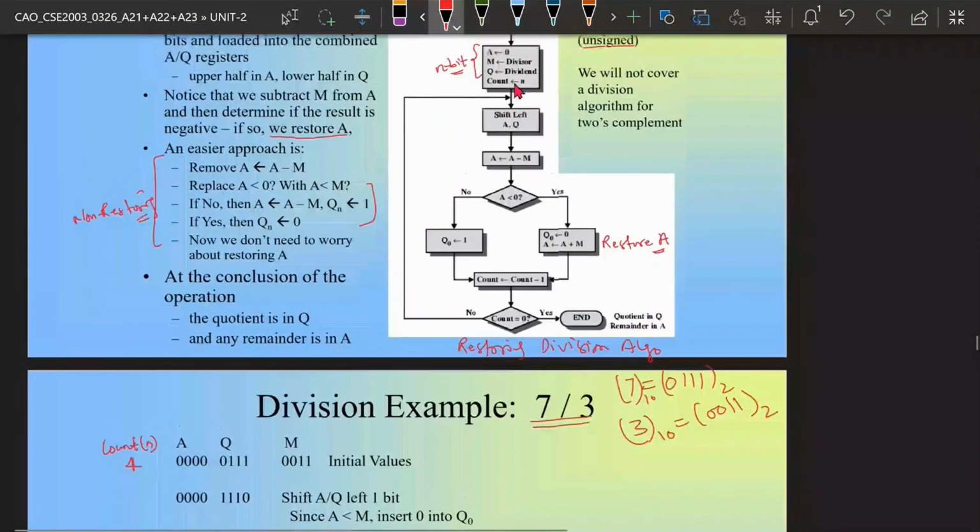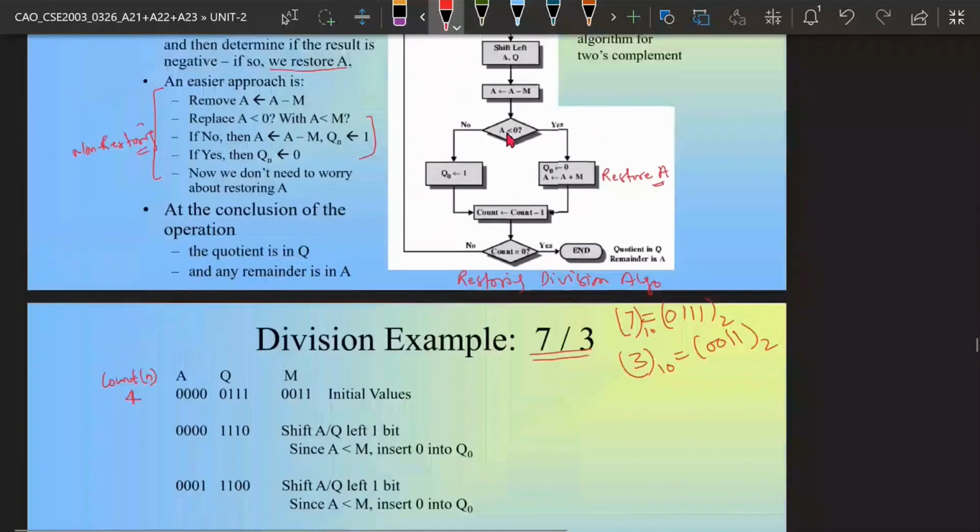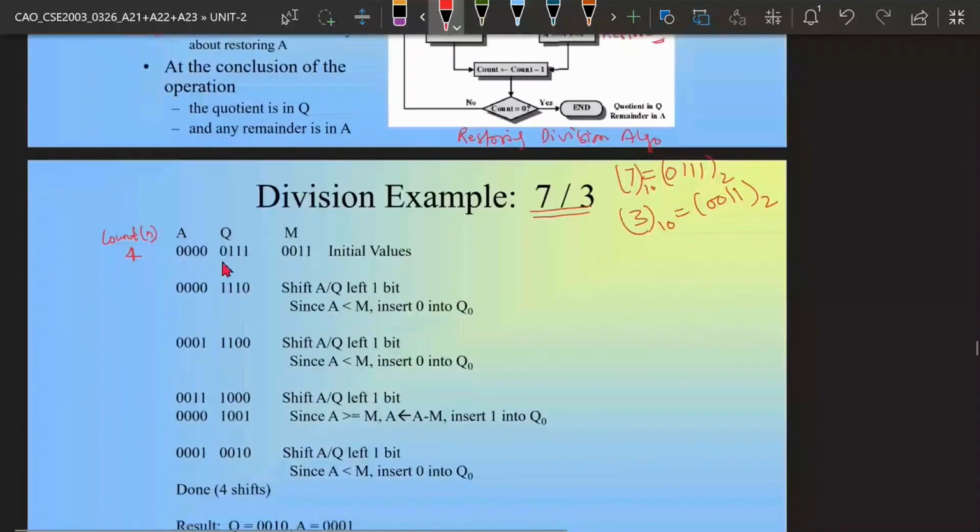Once we have initialized, we start with the flow of this division algorithm. The first step is to shift left the AQ content. So AQ combined will be shifted to the left side.